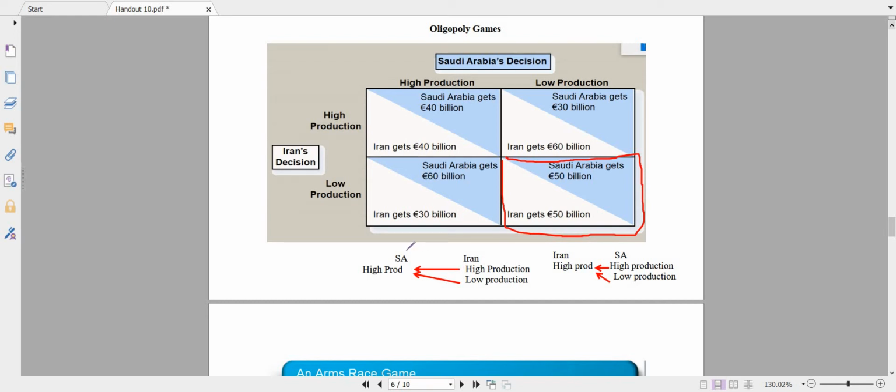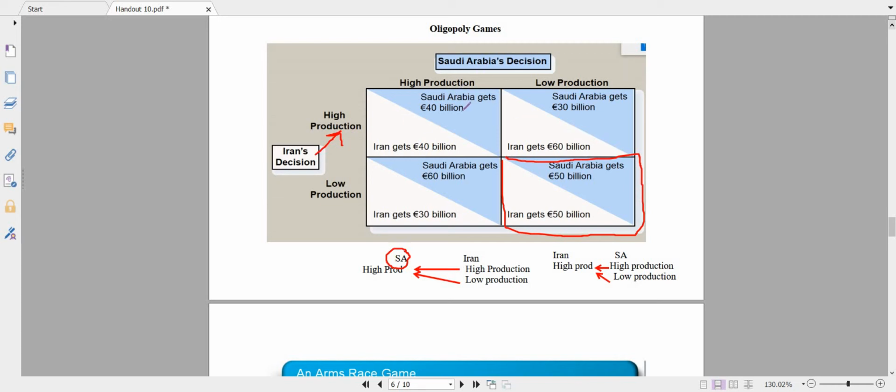So let's assume that your country is Saudi Arabia, and you are thinking that if Iran goes for high production, we're going to be in these two columns.